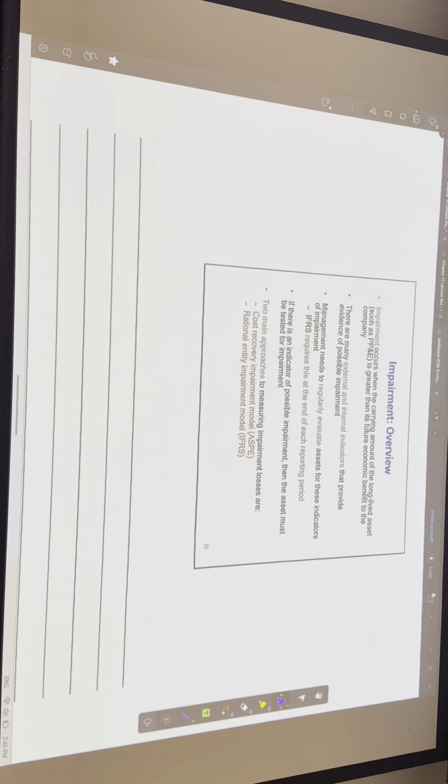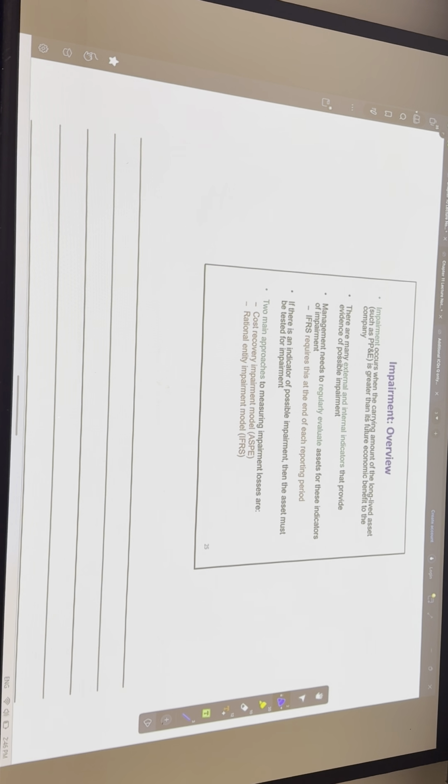Another way to look at it is you walk into your warehouse, you realize that that equipment is sitting idle because it's broken. Those are called internal indicators. Indicators are things that you can see, evidence that there's possibly impairment of that asset.